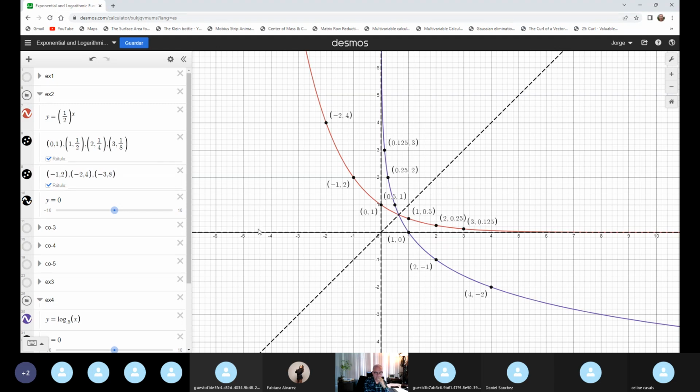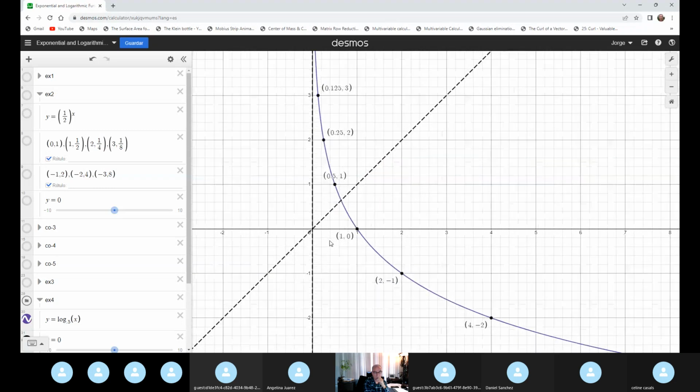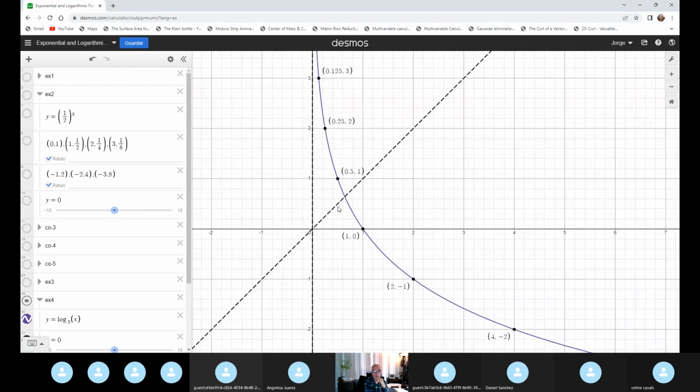Maybe you see more clearly now. For example, the logarithm of a number less than 1 is positive in this scenario in which the base is less than 1.